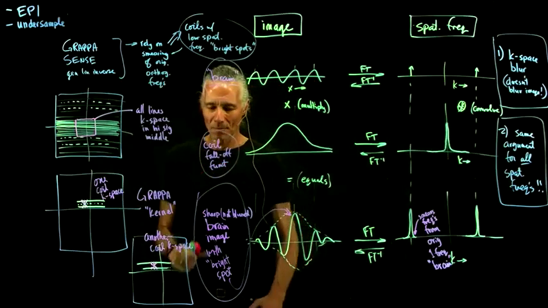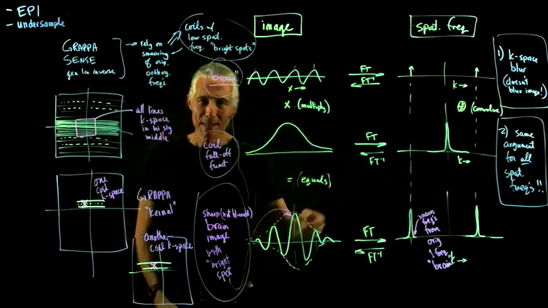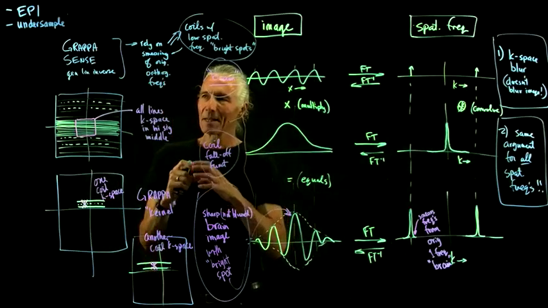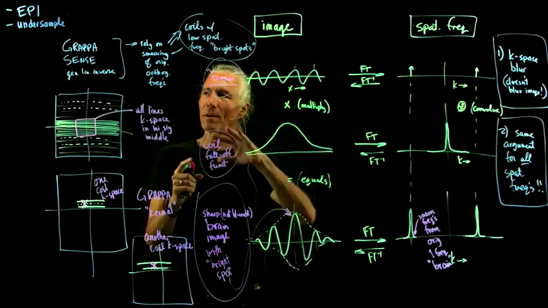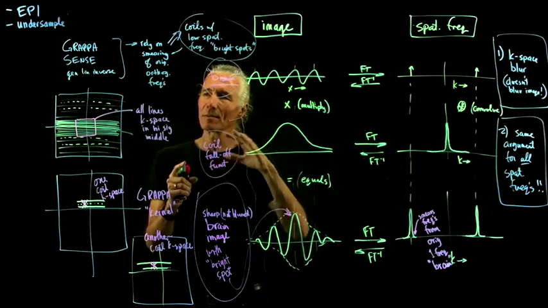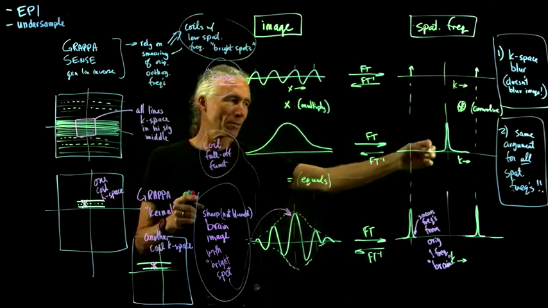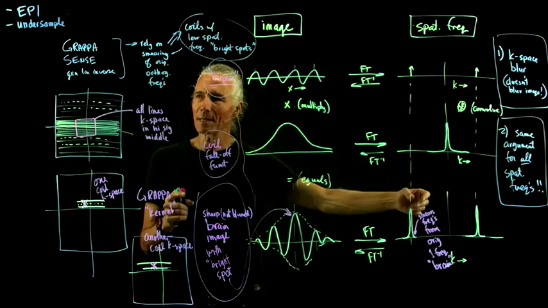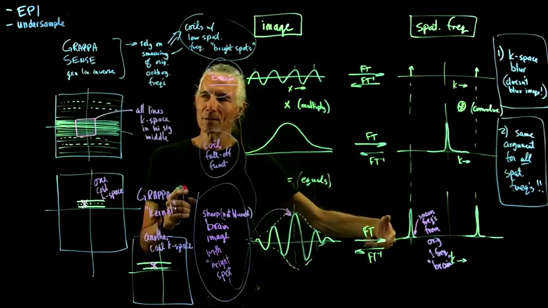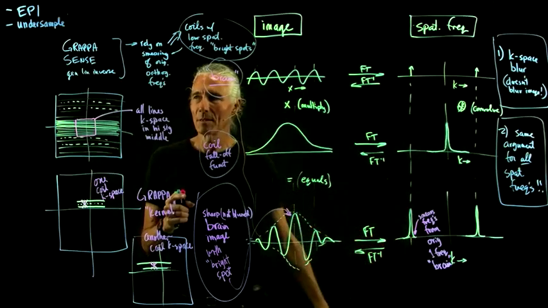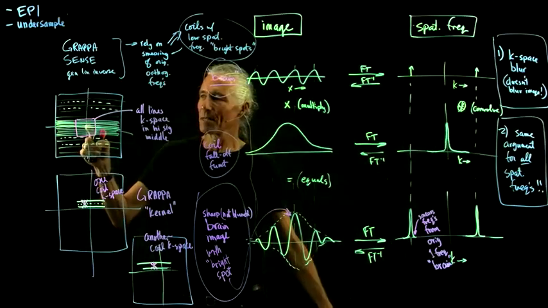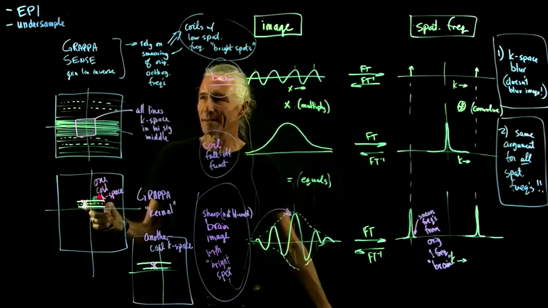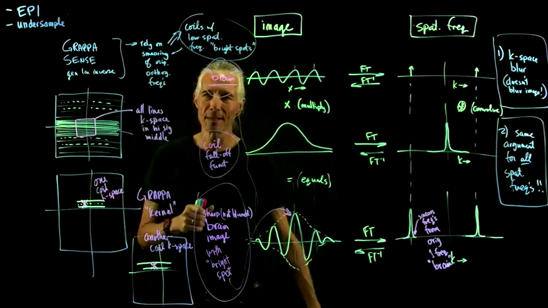So hopefully this argument makes a certain amount of sense: that having this smooth, gentle coil fall-off function, which Fourier transforms into a spiky little Gaussian, smears some of the data in K-space and then allows us to reconstruct missing data after we've left some out, assuming that we've got an actual initial image that has a full recording of K-space so that we can train the predictor that will fill in the missing data points.